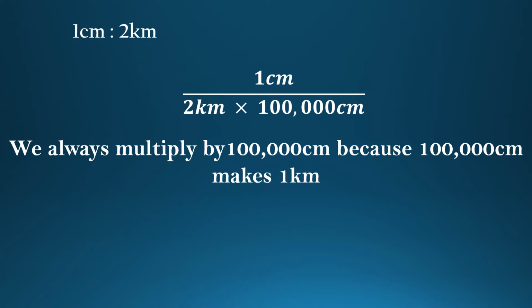So whenever you're given a certain amount of kilometers within the statement, we simply convert the kilometers into centimeters by always multiplying that amount of kilometers by 100,000. In this case, we have 2 kilometers. So we're going to convert 2 kilometers into centimeters simply by multiplying 100,000 centimeters by the 2 kilometers.